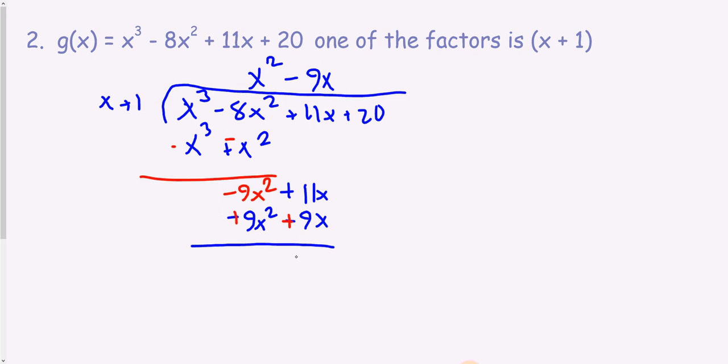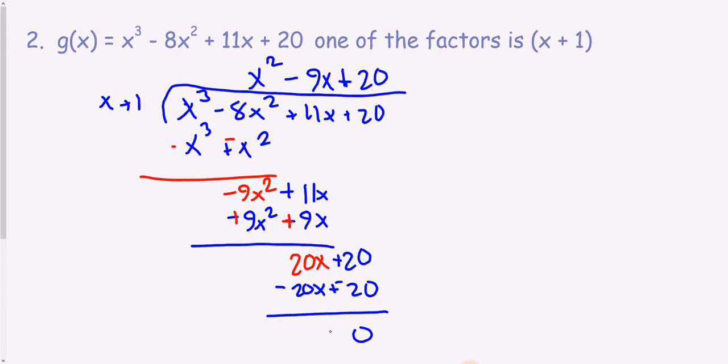And this produces 20x plus 20. Divide out an x. And continue. So 20 times x plus 1. 20x plus 20. And at this part, just change the signs. 0. Okay, totally works.